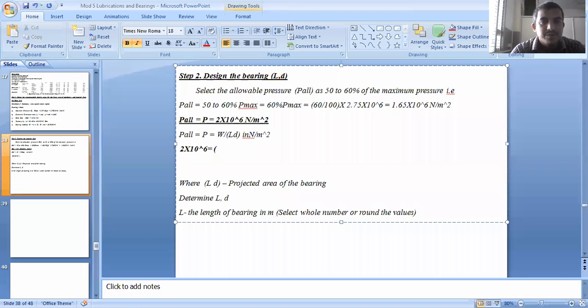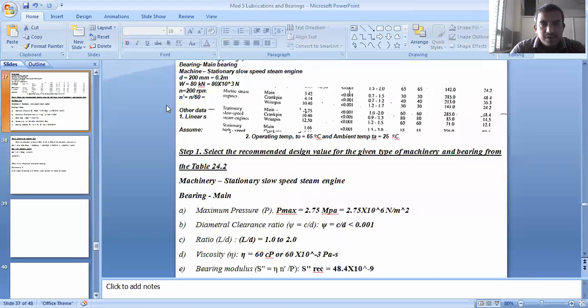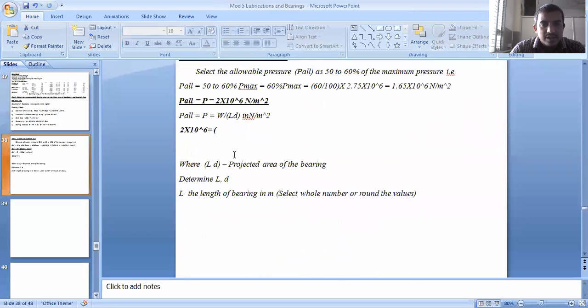What is the value of W? W value is 80 kilonewton.